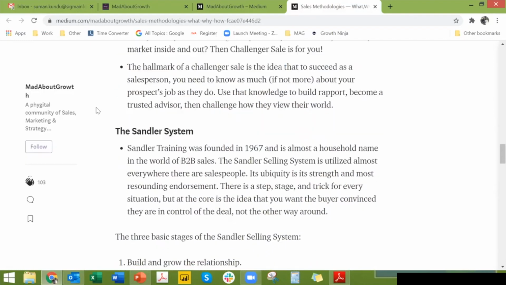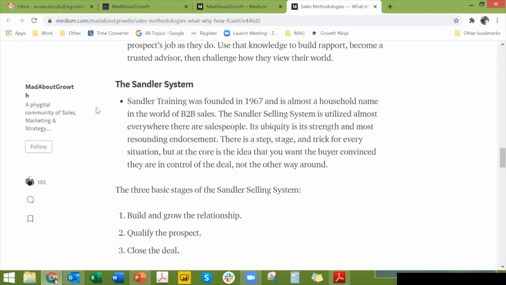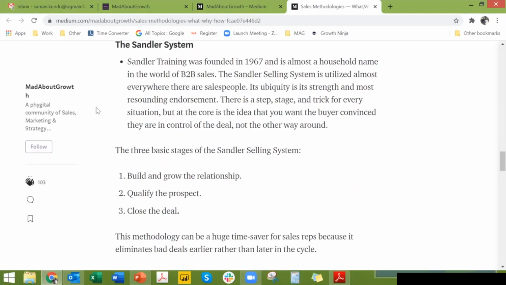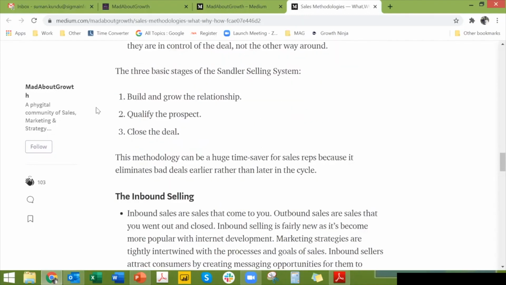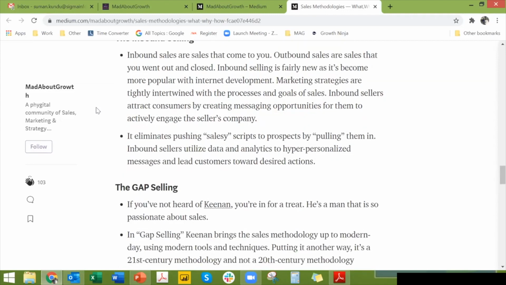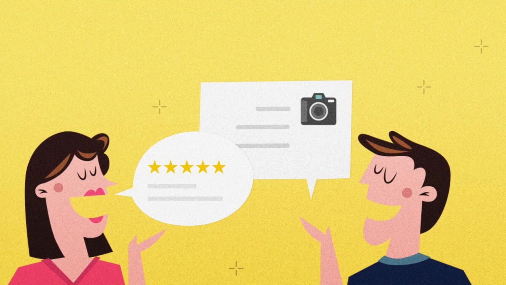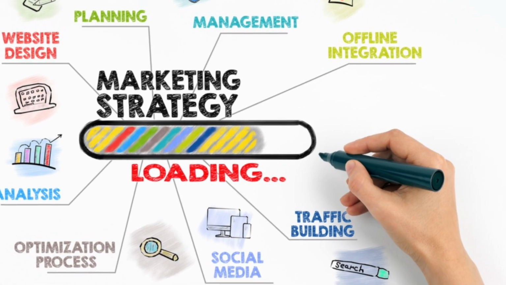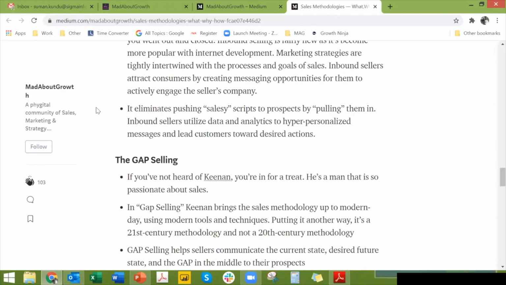The other sales approaches which we have are Sandler. Sandler again thrives on relationship and closing the deal. And then we have inbound selling, selling which comes to you via word of mouth or via your marketing efforts. And also gap selling.